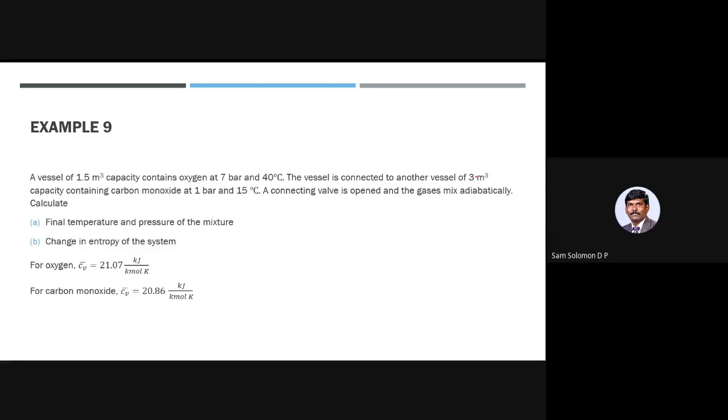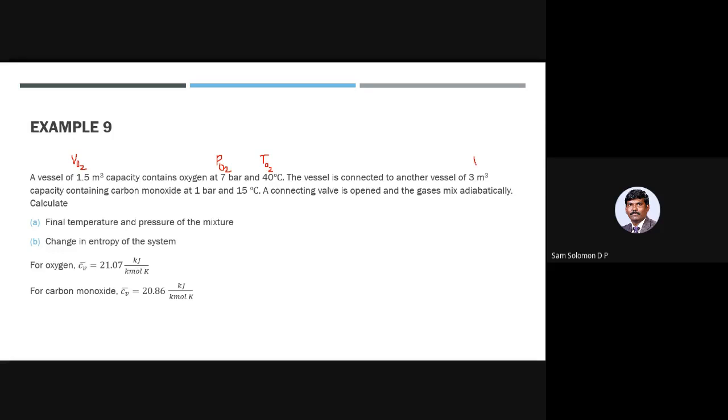Because they are using CV bar, it is better that we represent our equations in terms of moles. What is given to us is the volume of the vessel comprising oxygen. So volume of oxygen is 1.5 meter cube, the pressure of oxygen is 7 bar, and the temperature of oxygen is 40 degrees centigrade. If you add 273, this is going to be 313 Kelvin.